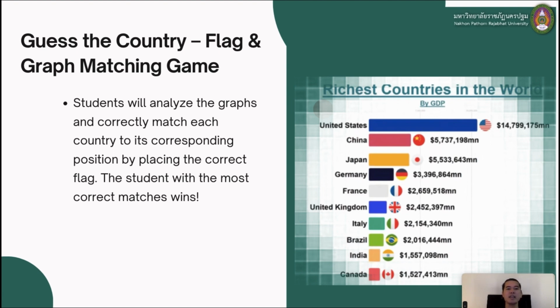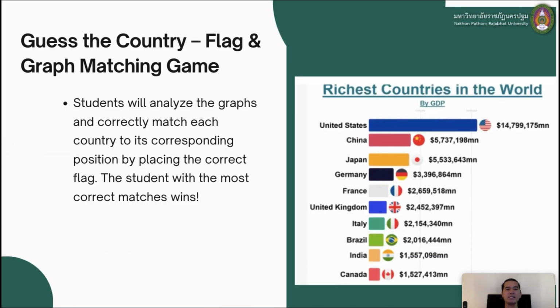Next is China, and the next is Japan, Germany, France, United Kingdom, Italy, Brazil, India, and Canada. That is the country list that belongs to this GDP. The highest is United States, and the second is China. All right. Surprisingly, Japan is the third.